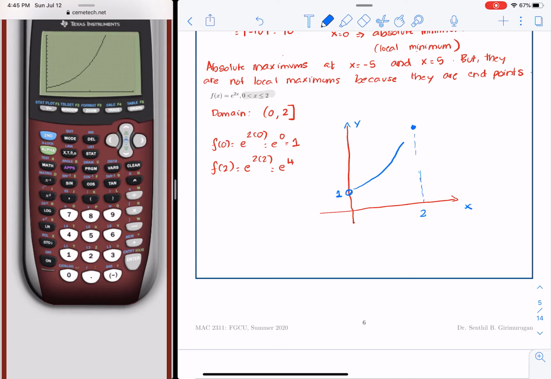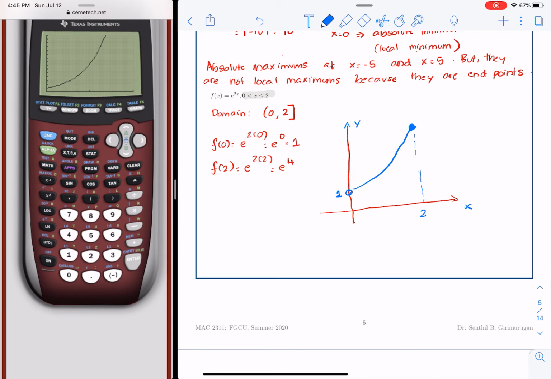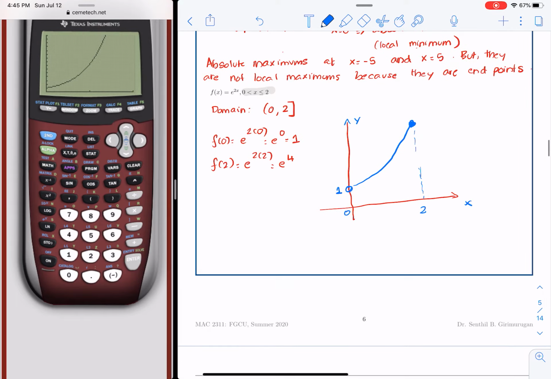So that would be the curve that we have. So does this function have an absolute minimum? No, because the lowest value that we can see for the function is at x is equal to 0, but that particular value is not included, so there is no absolute minimum.